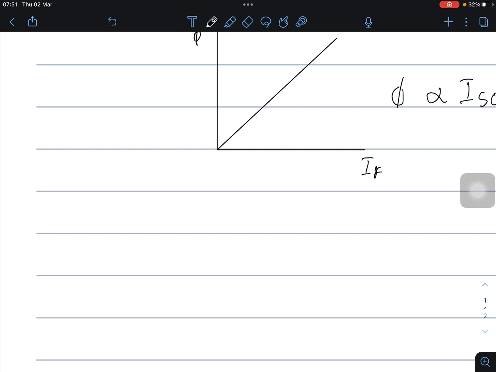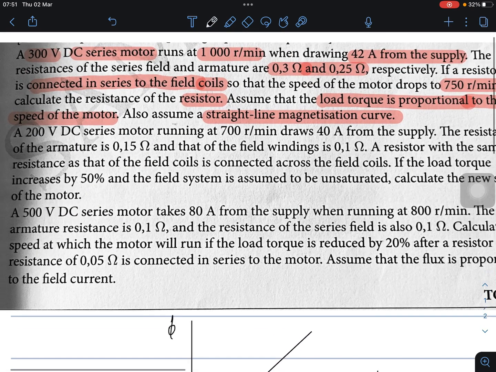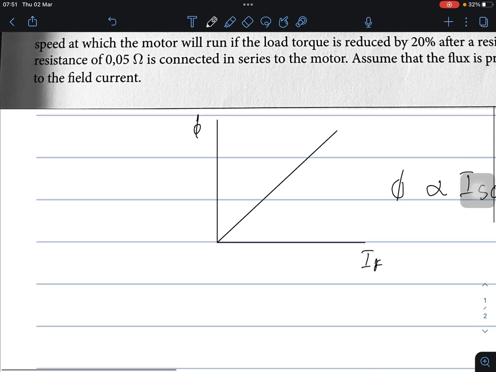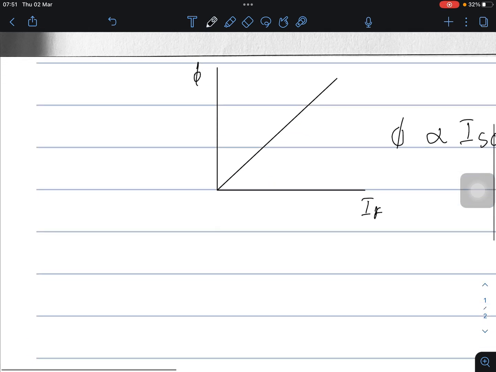We need to calculate the resistance of the resistor. So go to the first condition. Let me draw a circuit here. First condition.